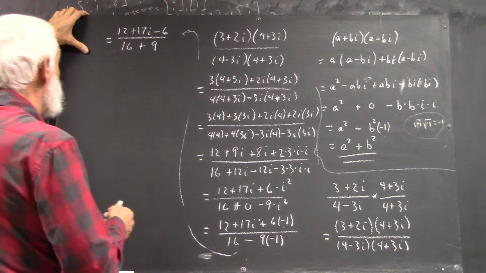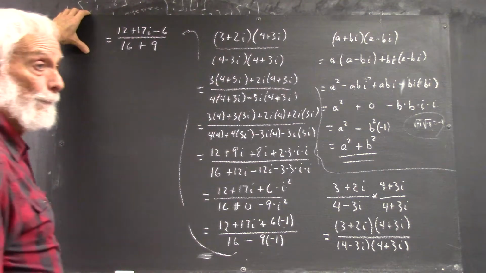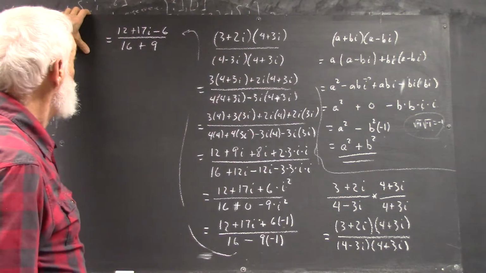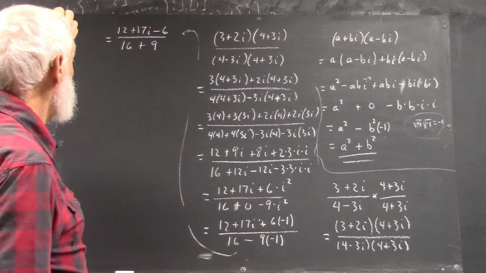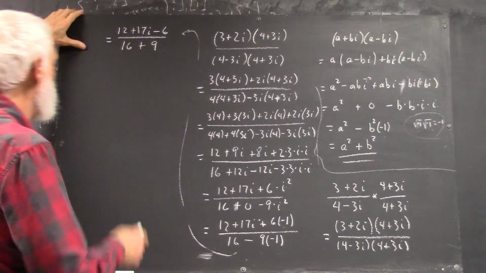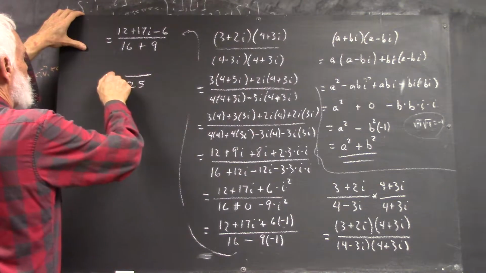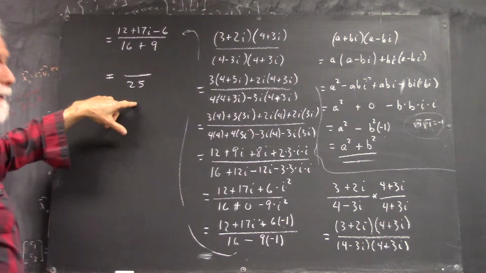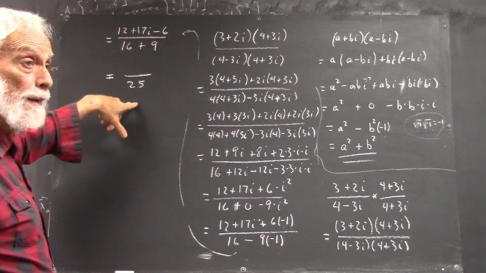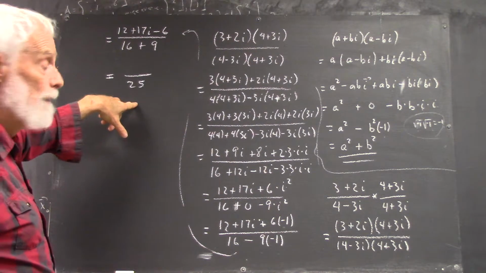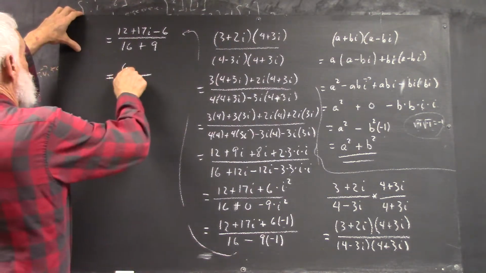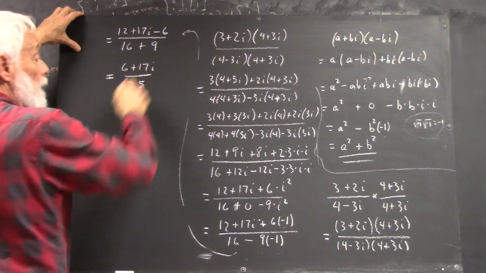Add the denominator, I'm sorry? And add the denominator. Actually, yeah. Okay, so we can add the denominator. We're going to get 25. I wasn't looking at the denominator, but yeah, we've got to do that. Then the 6 plus 17i. Very good. 6 plus 17i, right?